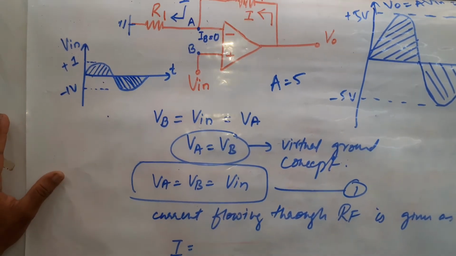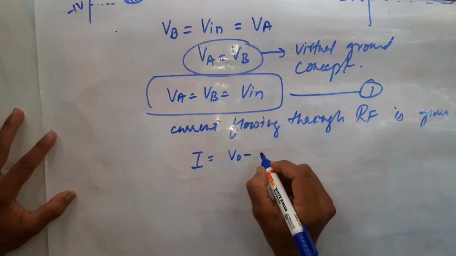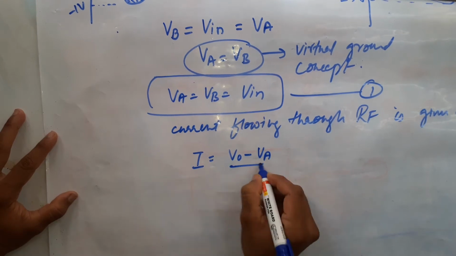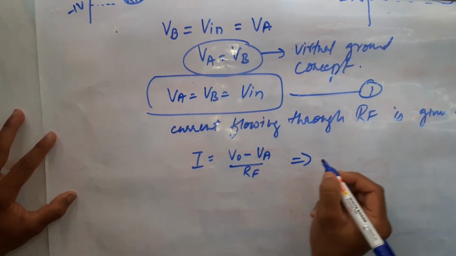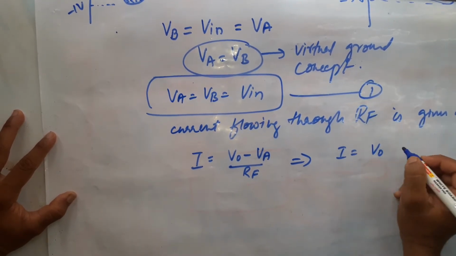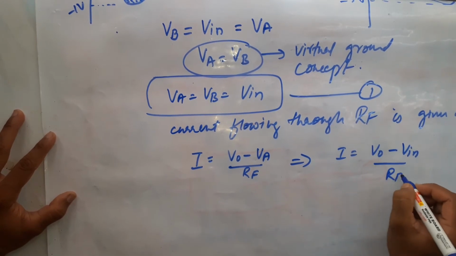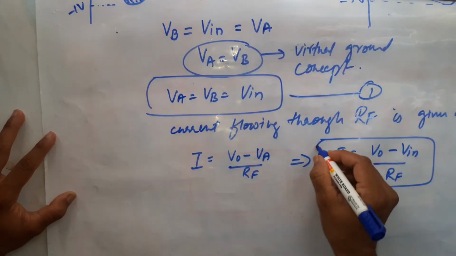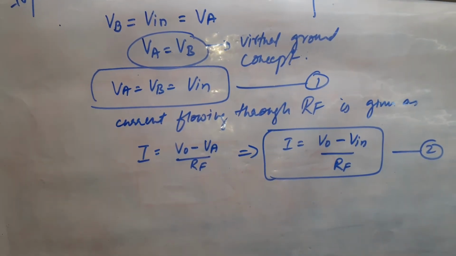So I can write I equals V0 minus VA divided by RF. This is nothing but V naught minus Vin divided by RF, because VA is Vin. Keep this as equation 2.